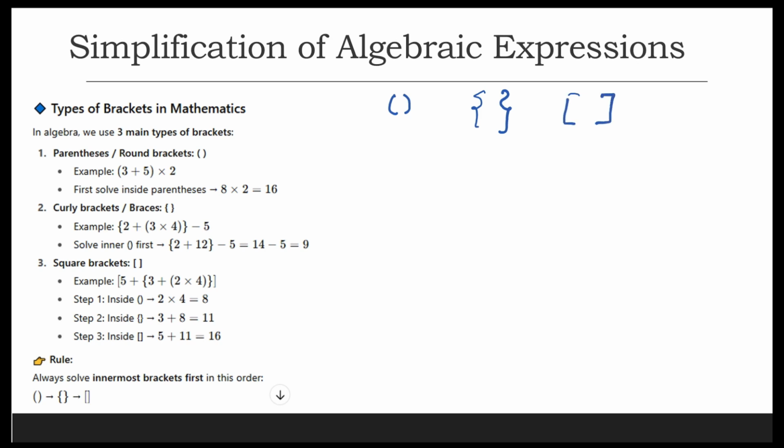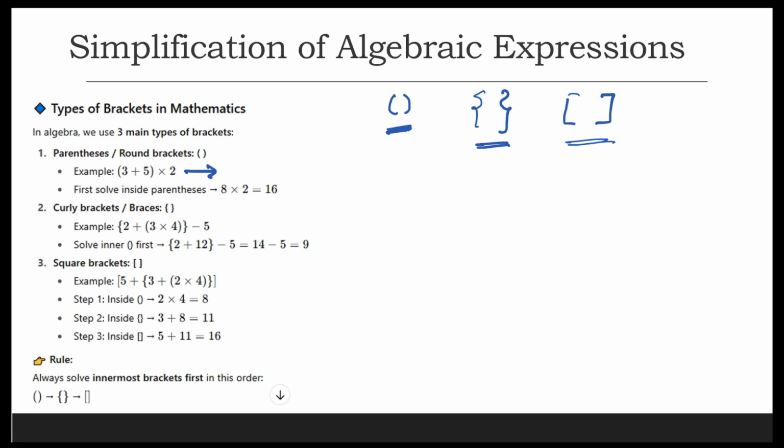I have just given them the name that way. Now, if any expression has brackets, in that case, we have to solve the smallest bracket first, then the medium bracket, then the large bracket, right?